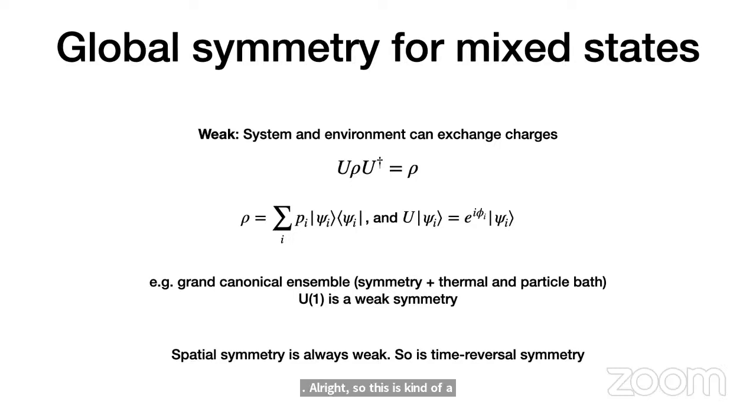Okay. All right, so this is kind of a setup. We have these different mixed states. I haven't told you exactly which mixed states we should consider, but roughly they will be like a pure state subject to noise, subject to some local quantum channel. So now let's consider a concrete example of an SPT in a mixed state.